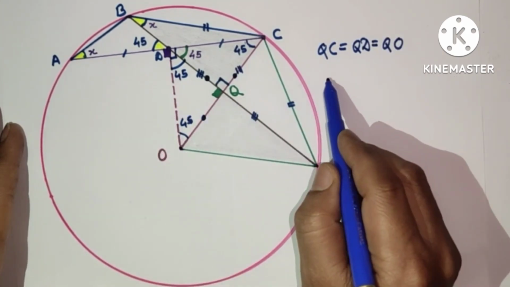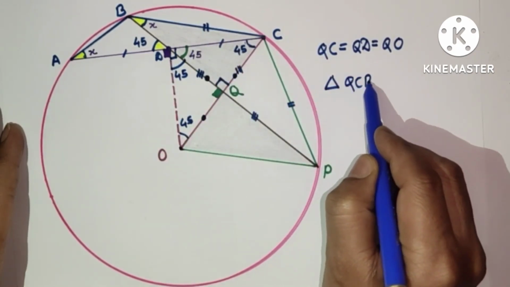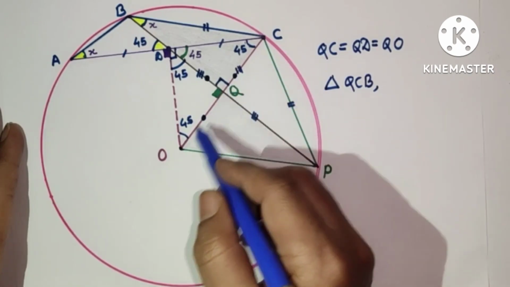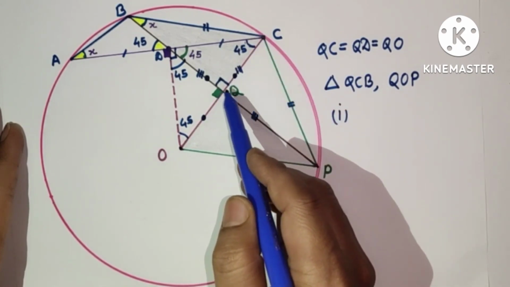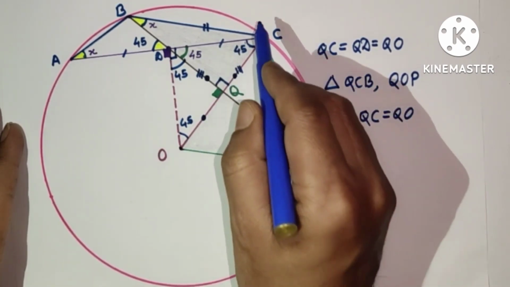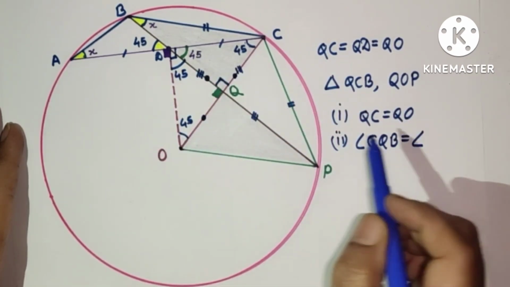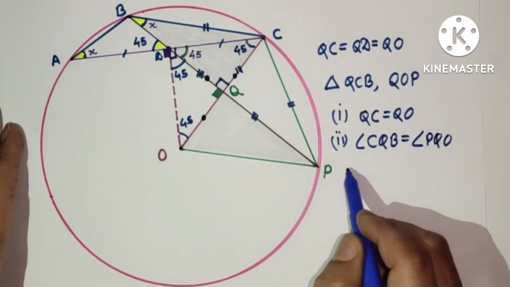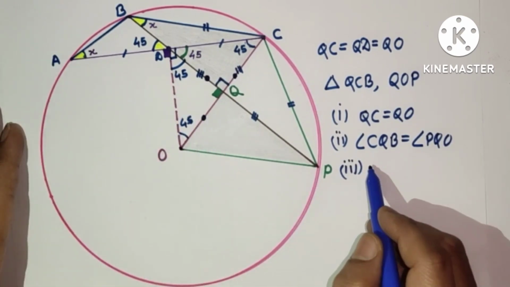Now in triangles QCB and QOP, first, CQ is equal to QO. Second, angle CQB is equal to angle PQO. Third, QB is equal to QP.